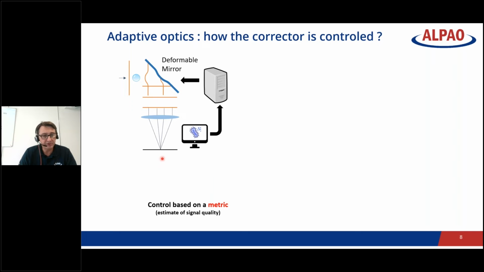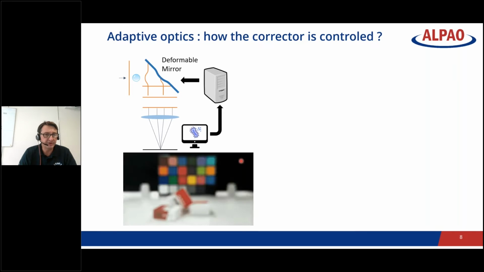So you are really optimizing what is important. The drawback, of course, is that it can be quite slow because you have to make many iterations. There are different optimization algorithms, but in the end, it will always take hundreds of iterations before you can reach a sharp measurement.